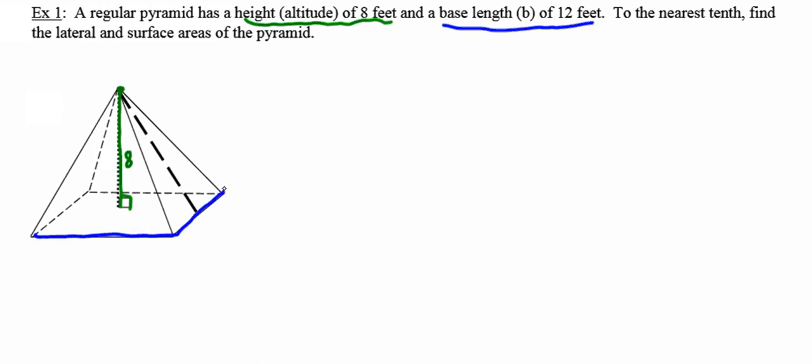They're all going to be the same because they tell us in this problem that this is a regular pyramid. So if one of them measures 12 feet, I could go ahead and label all of them 12 if I so desired. And again, they want us to find both the lateral and surface areas of this pyramid. Well, the lateral area is made up of those 4 isosceles triangles.